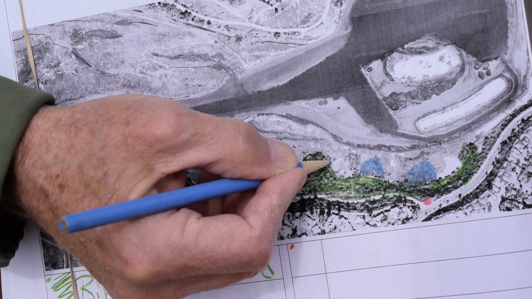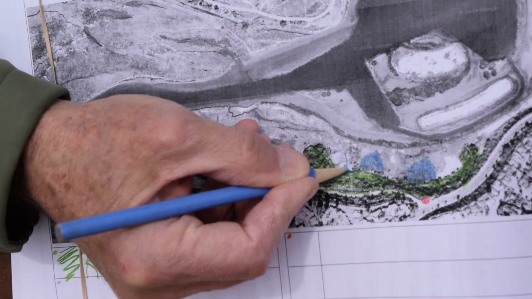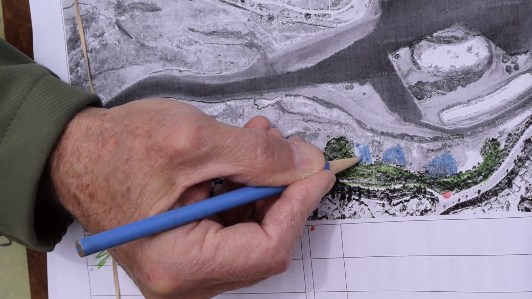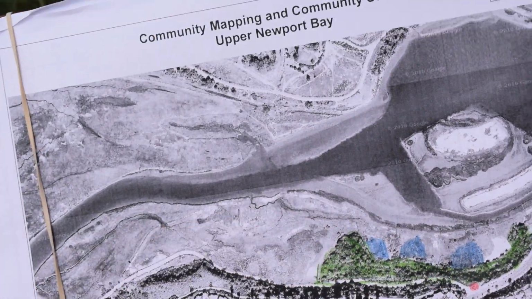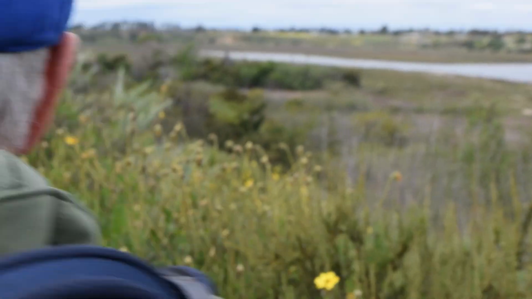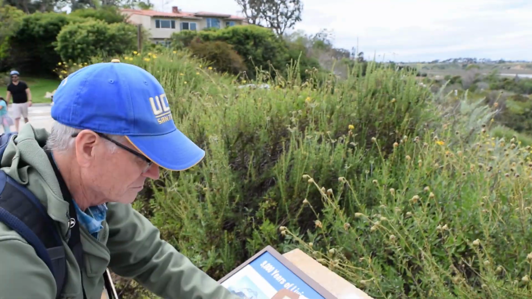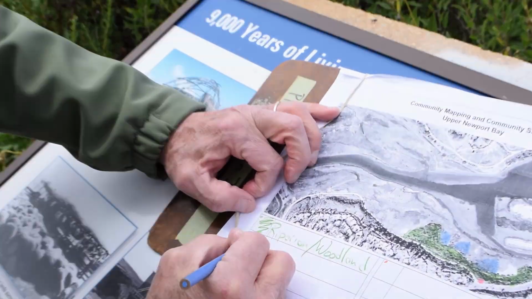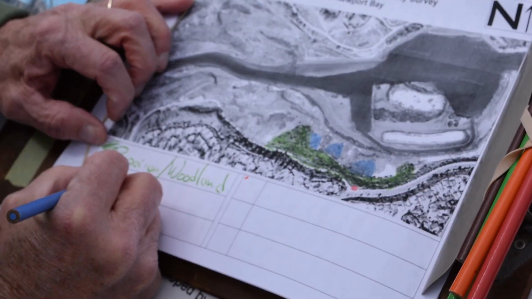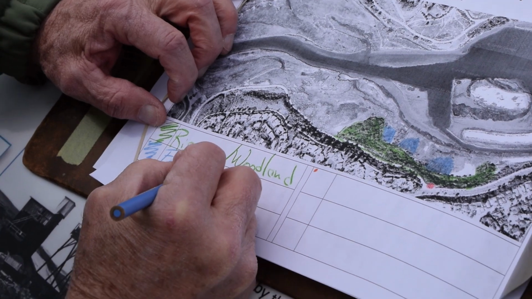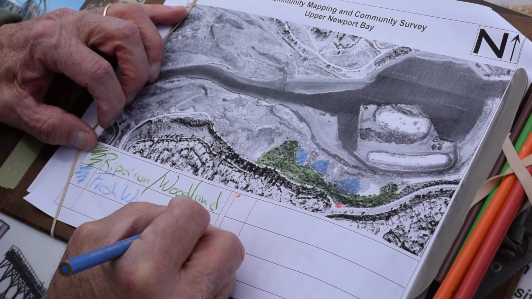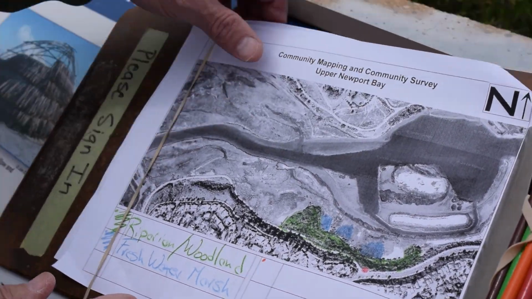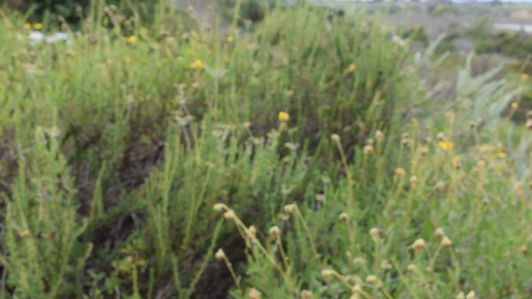And then right up against those trees, there's another lobe of tall grasses. So we've got three little lobes of tall grasses here. And I'm going to call that the freshwater marsh. So that's freshwater marsh. Okay.